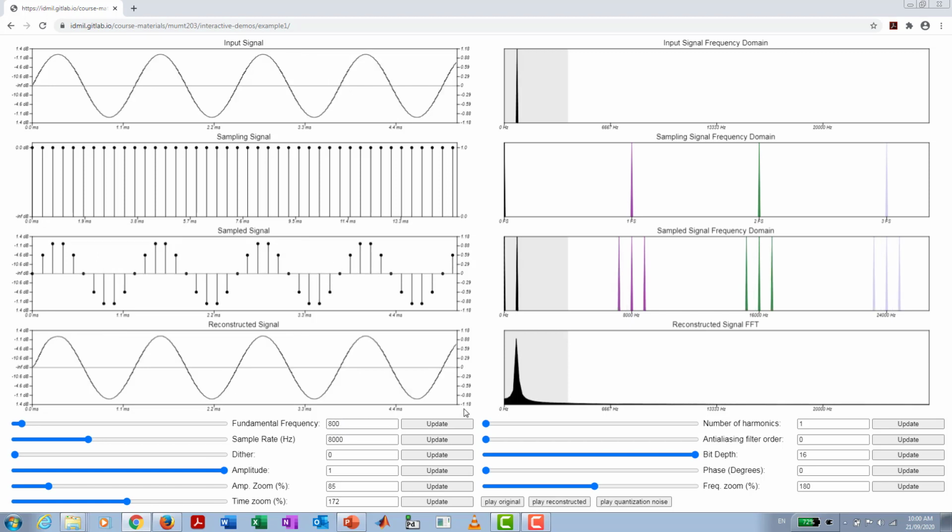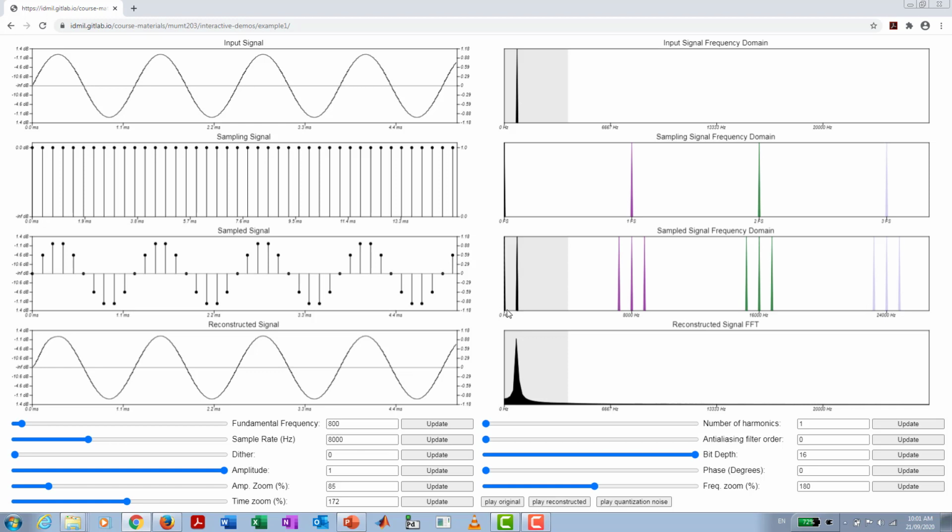This is the formula that we saw in class number 3. Basically, when you sample, you get all these apparent frequencies at n times Fs, the sampling frequency, plus or minus the original input frequency, with n from 0 to infinity.